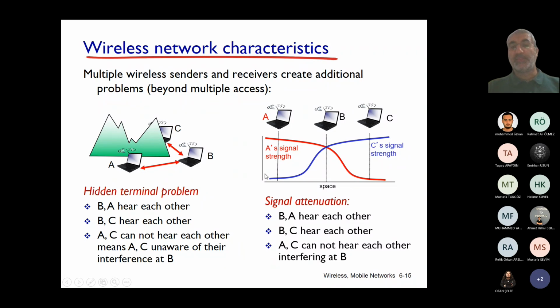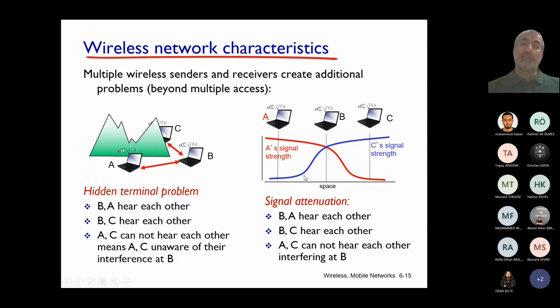Let's look at it in terms of signal strength. A and C, because they cannot see each other, want to communicate with B at the same time. A transmits the signal, and because of the path loss, the signal strength decreases, and C cannot hear it, but it is still at a high level at B. And C at the same time transmits its blue signal.